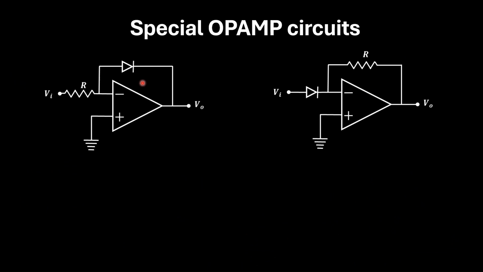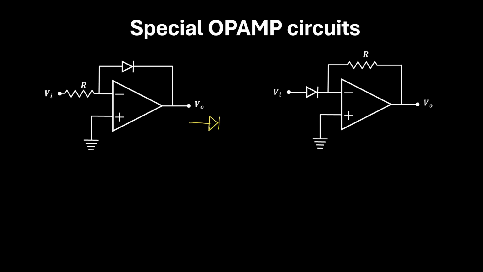Now these two circuits are very different from the circuits we have analyzed till now, because we have a diode. Here it is in the feedback path, and here it is at the input terminal. Now for such type of circuits, first let us try to recall the concept of diode.